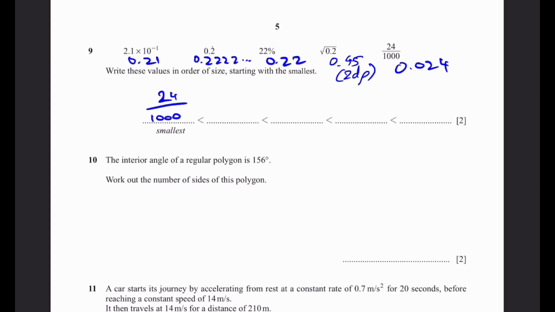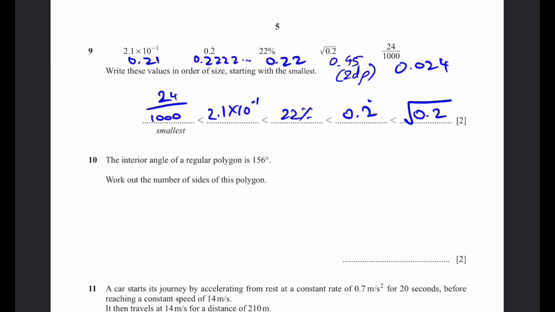Next is 0.21, which is 2.1 times 10 to the power minus 1. Next is 0.22, which is 22% as given. Next is 0.2 with the dot, which is 0.22222, and we just write it like that as given in the question. And the largest is root 0.2, which is 0.45, much larger than the others.